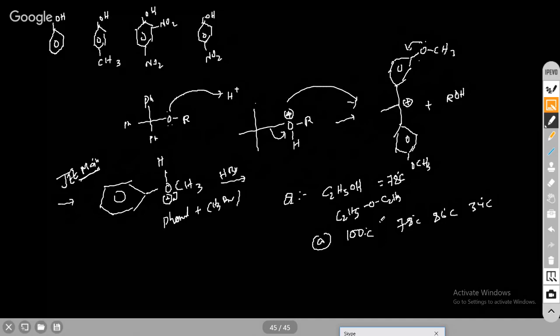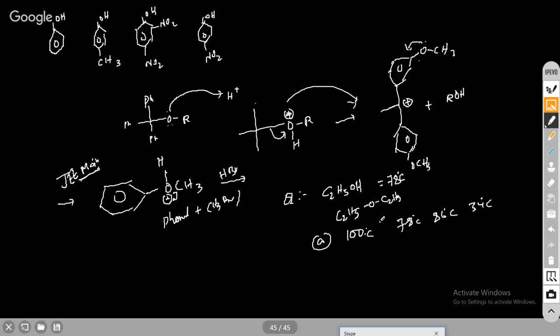See, in hydrogen bonding we have two types: intermolecular and intramolecular. Because of intermolecular hydrogen bonding, the boiling point and melting point will be more than for compounds having no hydrogen bonding. Okay, so there is no hydrogen bonding in diethyl ether.